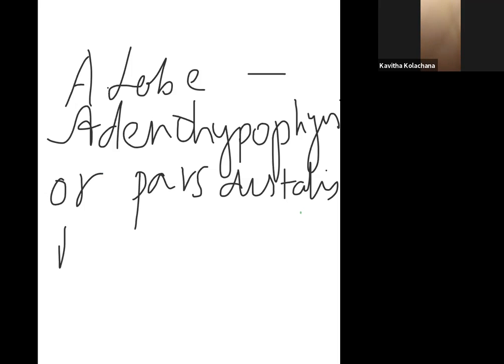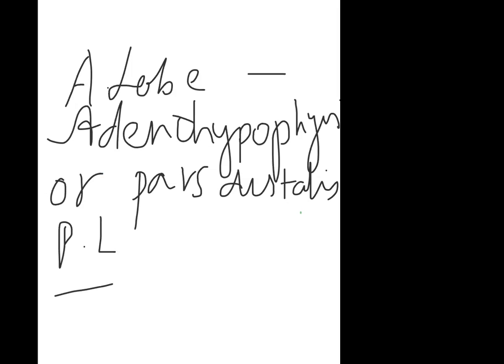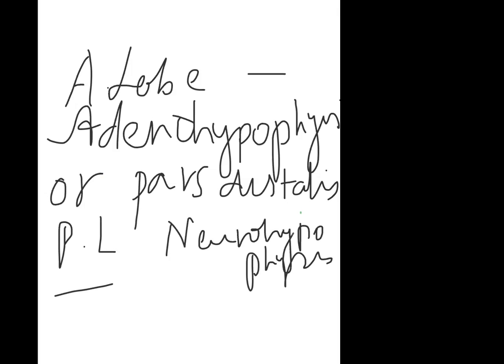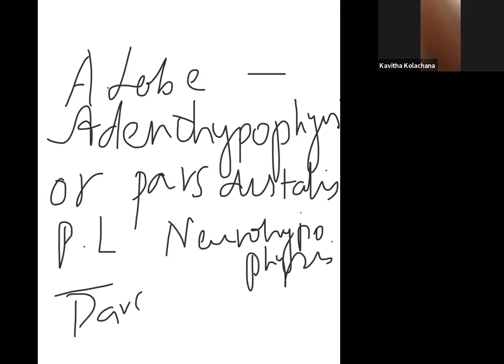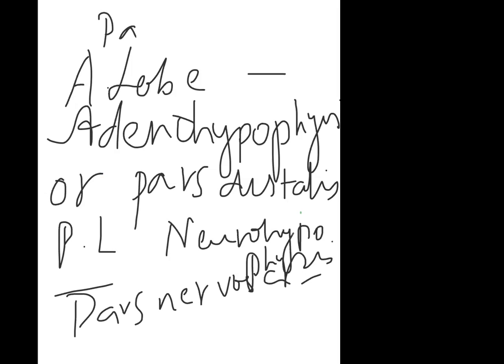The posterior lobe is called the neurohypophysis, or pars nervosa. And in between there is an intermediate lobe which is called pars intermedia. So these will be your three lobes.